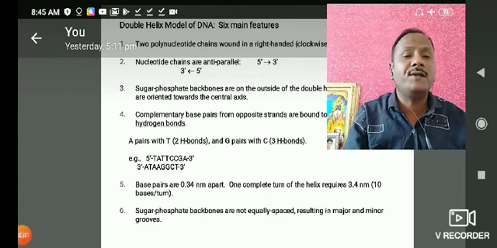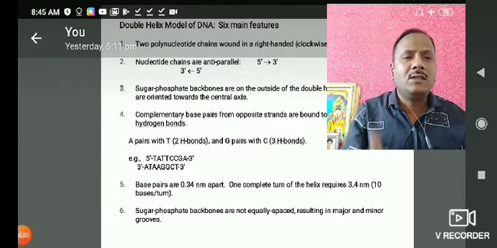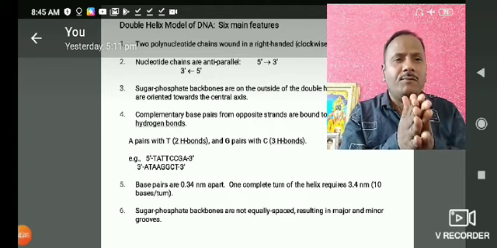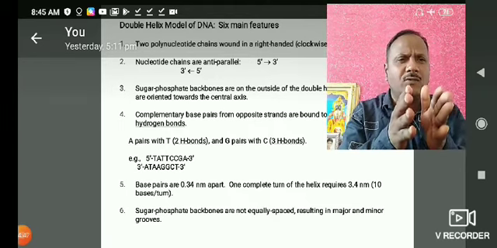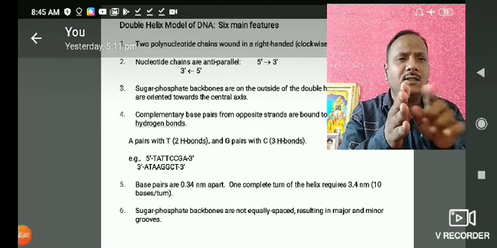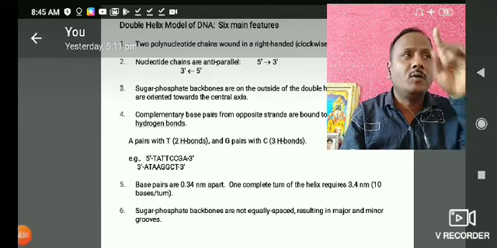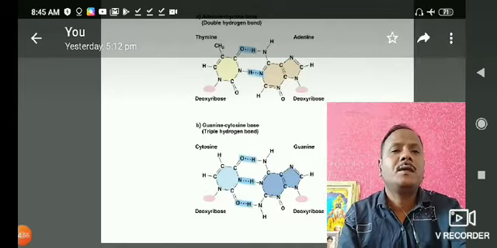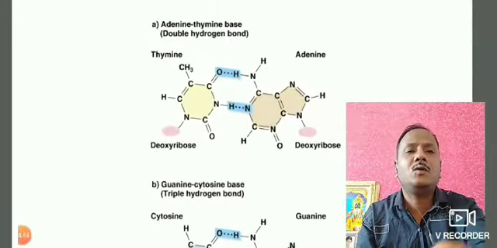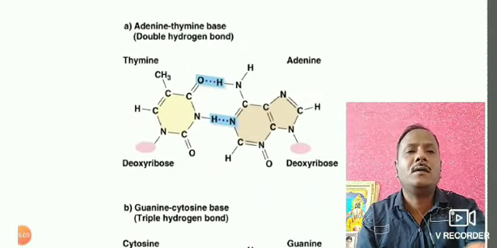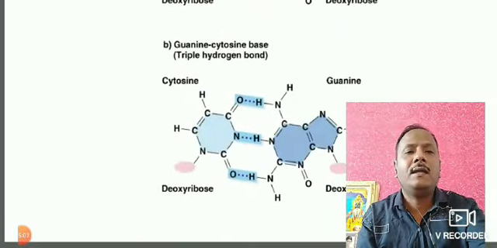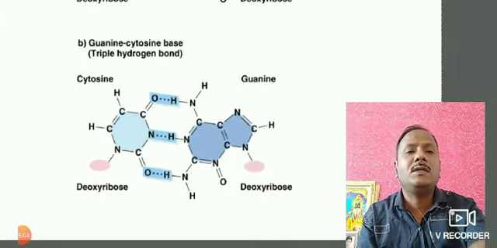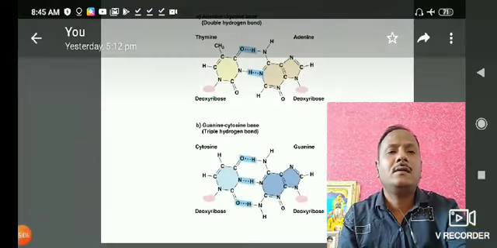The 2 strands of DNA are always equal in size. The distance between these 2 strands is equal from top to bottom due to this nature. You can see the 2 hydrogen bonds between thymine and adenine, and 3 hydrogen bonds between cytosine and guanine.